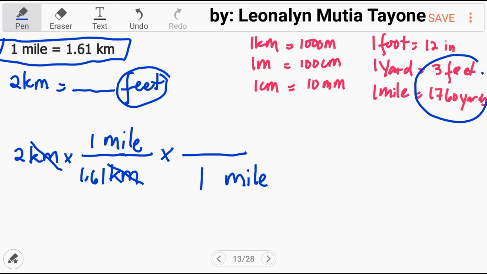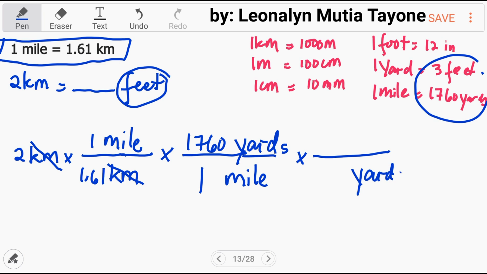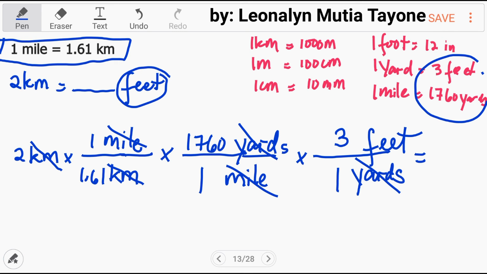1 mile is equals to 1,760 yards. Times, tapos, i-cancel natin si yards kasi dapat ang lalabas ay yung feet. So, cancel na yan. Cancel na rin si mile. 1 yard is equals to 3 feet.